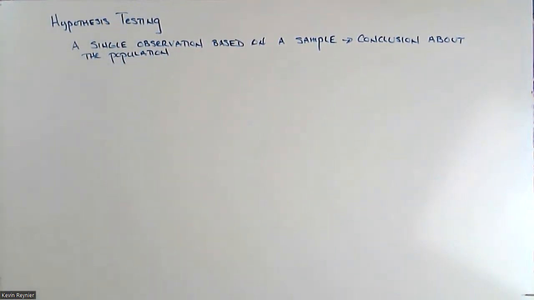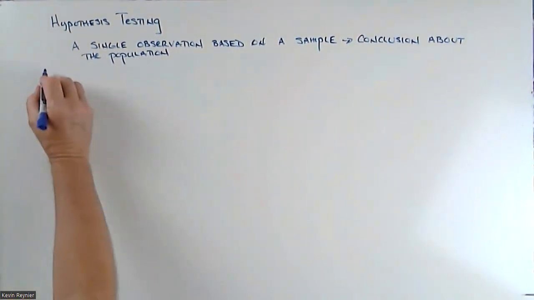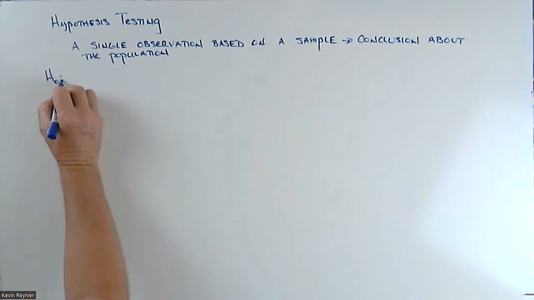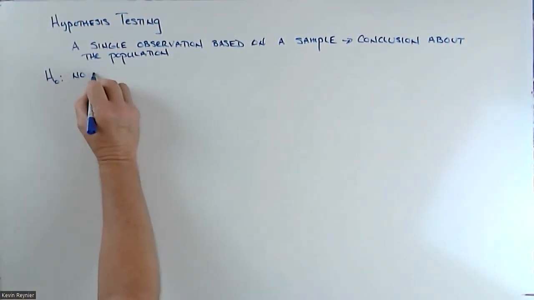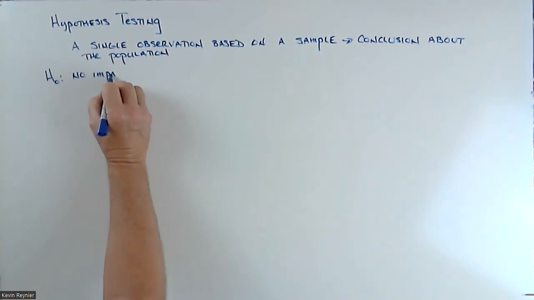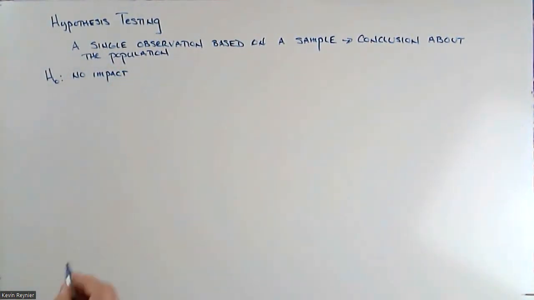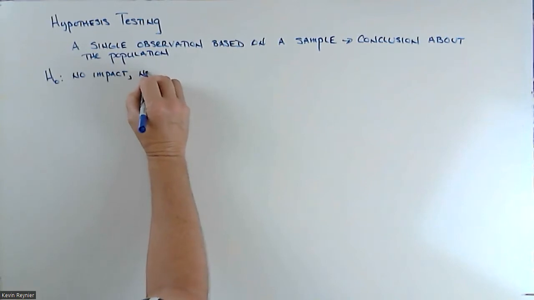And the way we're going to conduct this hypothesis test is we're going to write our null hypothesis. Our null hypothesis will be the no impact hypothesis, no relationship.